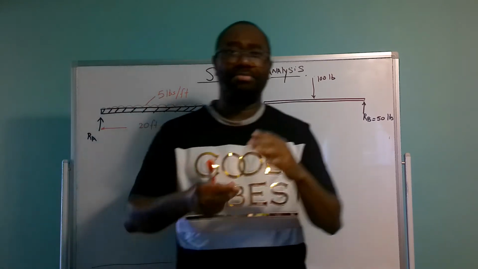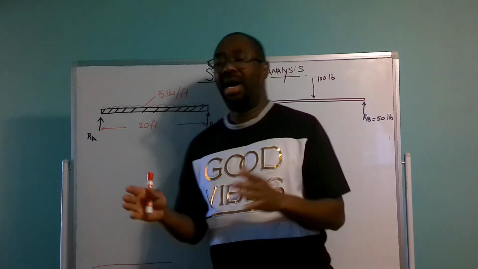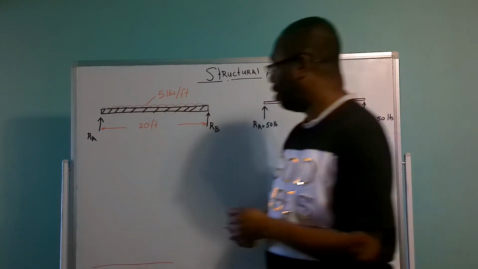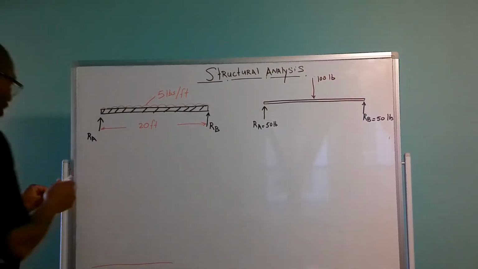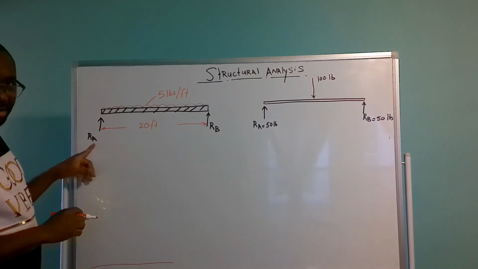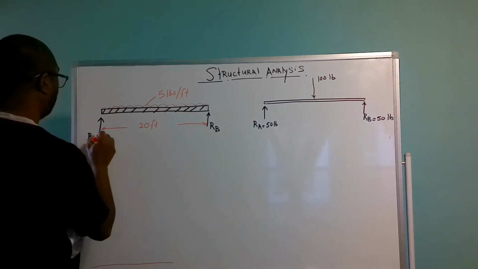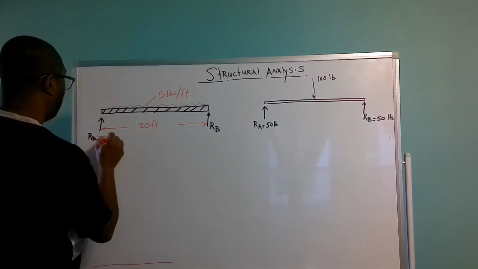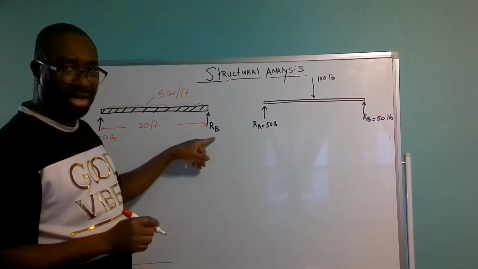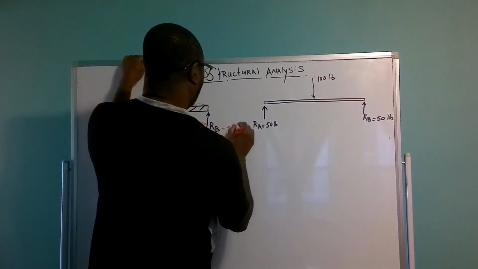But to plot the bending moment diagram and the shear force diagram, I have to go back to my UDL. So we know that the reaction here at A is going to be 50 pounds, and the reaction at B is going to be 50 pounds also.